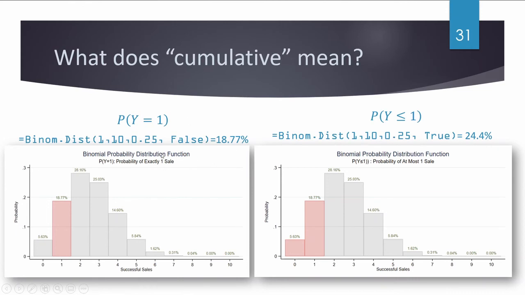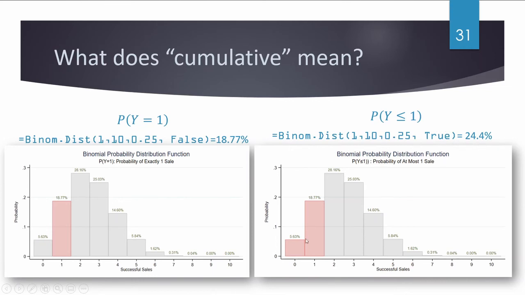Cumulative means, do you want a specific point in the distribution, or do you want at most that many successful sales? So a way of representing this with an inequality would be to say, what is the probability I see at most one sale? That is, y is less than or equal to 1. That is a statement about a cumulative probability.